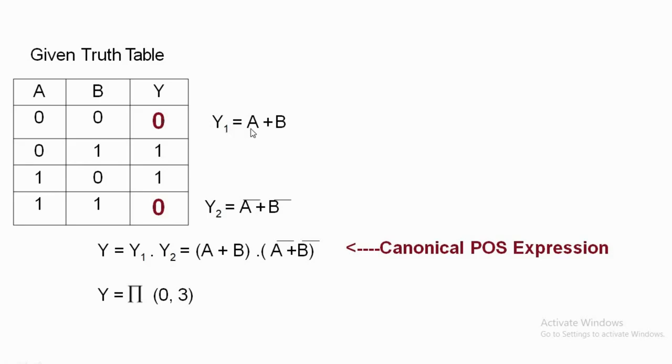Write down the equation in POS for the first row. Here A is 0 and B is also 0. So A plus B. And in the last row, 1 indicates A bar and 1 indicates B bar. So A bar plus B bar. So we can write down these two sum terms multiplied together. So Y1 into Y2, A plus B into A bar plus B bar. So from this we can write down Y is equal to pi of 0, 3.